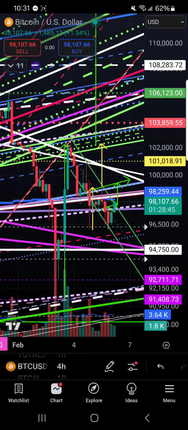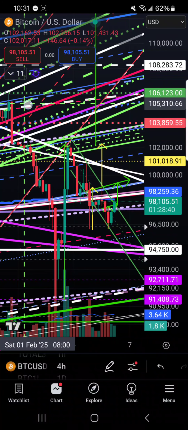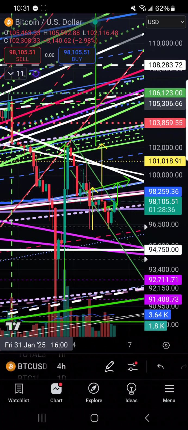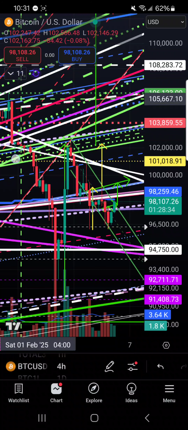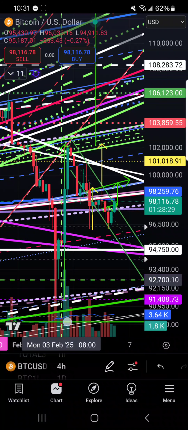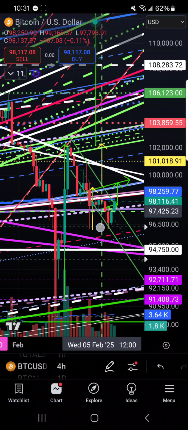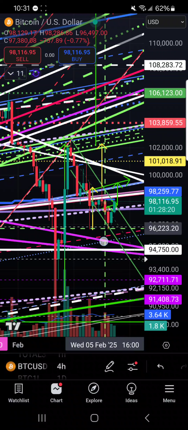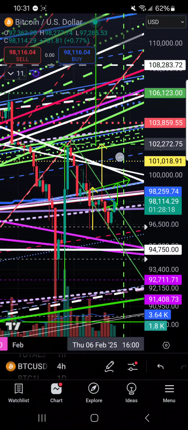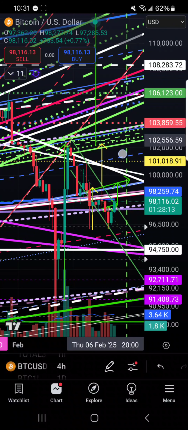That would just simply be a larger part of this pattern here from where we started our dump up at 105 down to 91, back up to 102-ish, back down here to 96, and then potentially back up here.